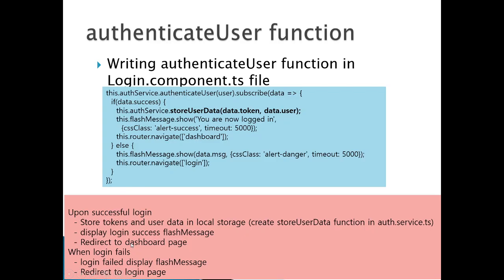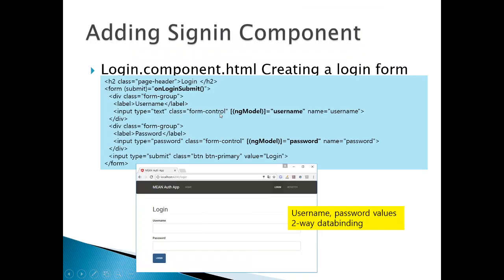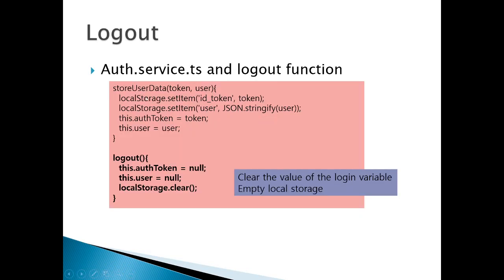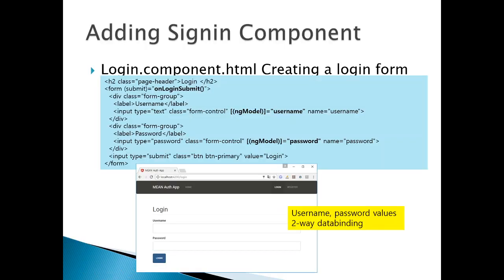To handle this, we have received this data, and if data.success is true, meaning the login request succeeded, then we call this.authService.storeUserData, the function which we created in the service, which stores the token into our local storage.